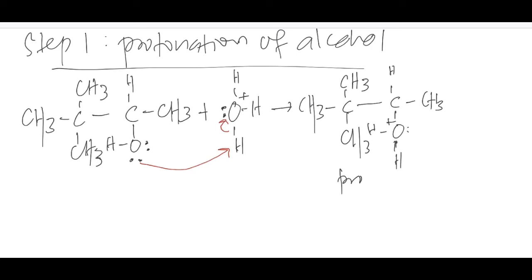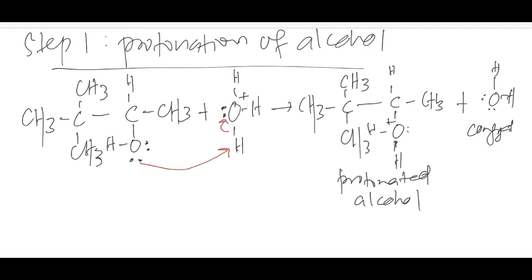This is our protonated alcohol. And then kita ada OH, H, double dot. Kita punya conjugate. Sorry. Sebabkan ini acid, hilang proton, we will get a conjugate base. Okay, this is step 1.